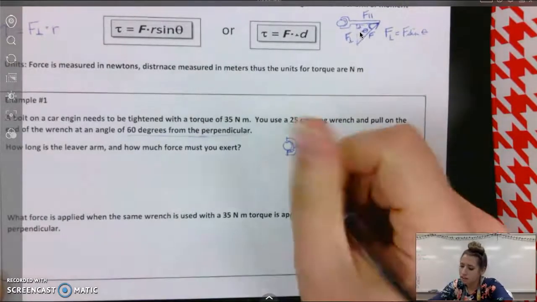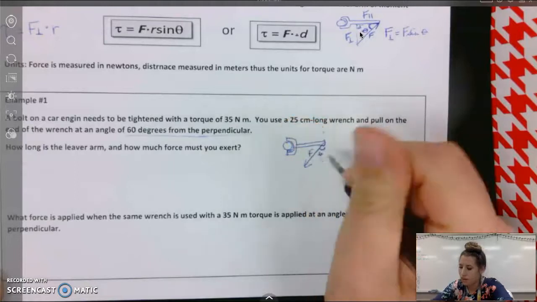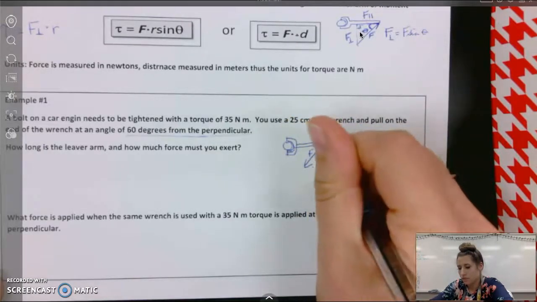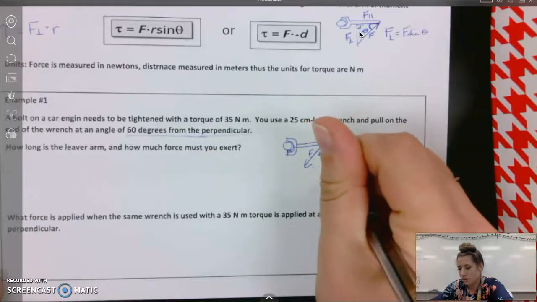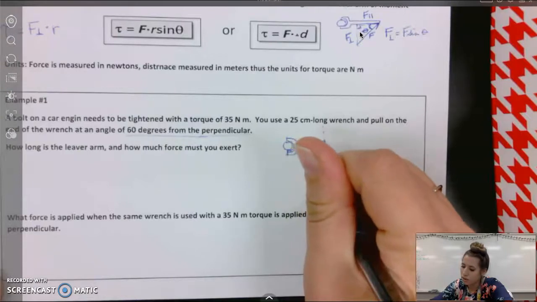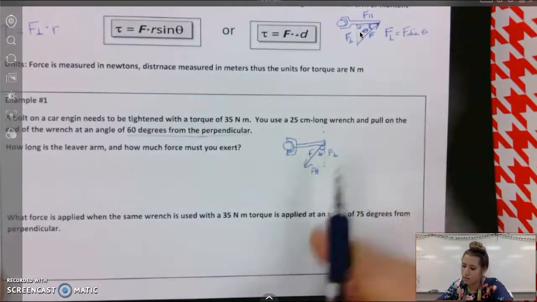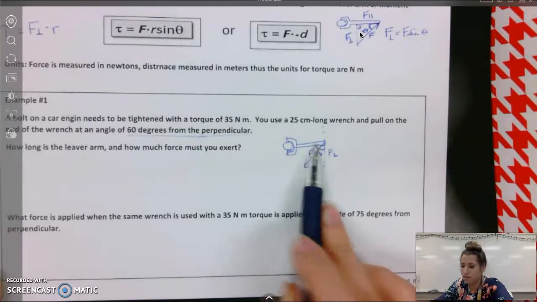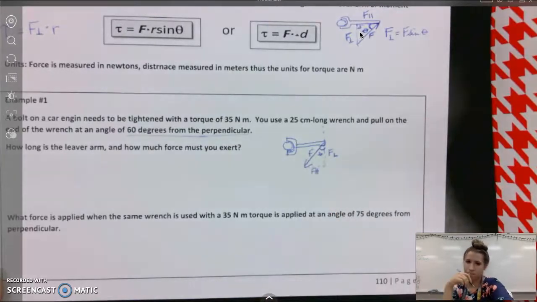Okay? And this force, again, can be broken up into force perpendicular and force parallel. This component of the force is parallel to the lever arm and that one's perpendicular.